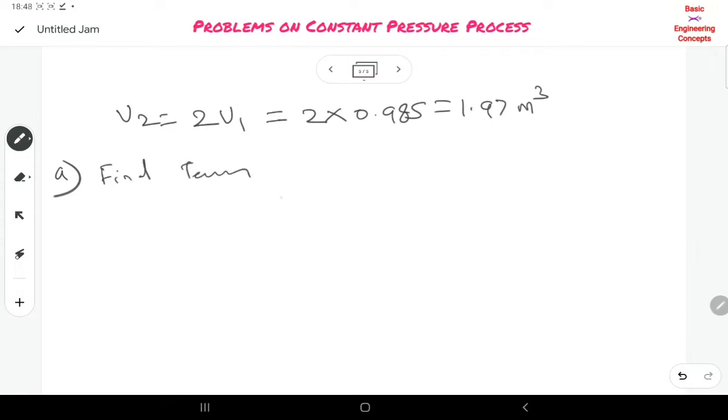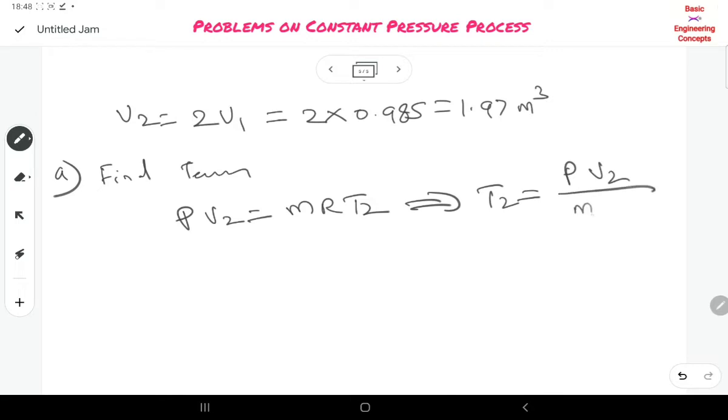The same gas characteristics equation, PV2 is equal to MRT2. In this equation P is given, V2 is already calculated, M is known, R is known, so the only unknown is T2, which is equal to PV2 by MR.